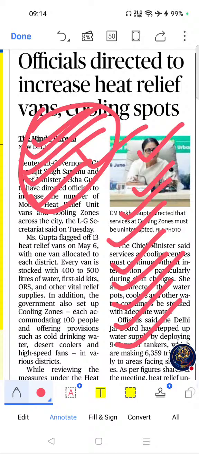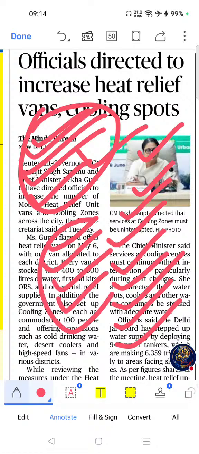The possible question areas from this topic are heat wave definition, NDMA heat wave guidelines, urban heat island effect, and disaster risk reduction. Please go through this topic.